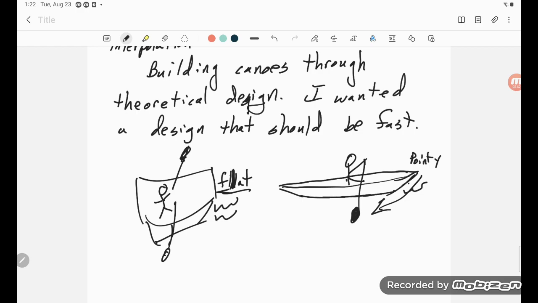Well, but just because it's a pointy shape doesn't mean it's faster than, say, one boat is the same speed as another boat just because they're pointy.